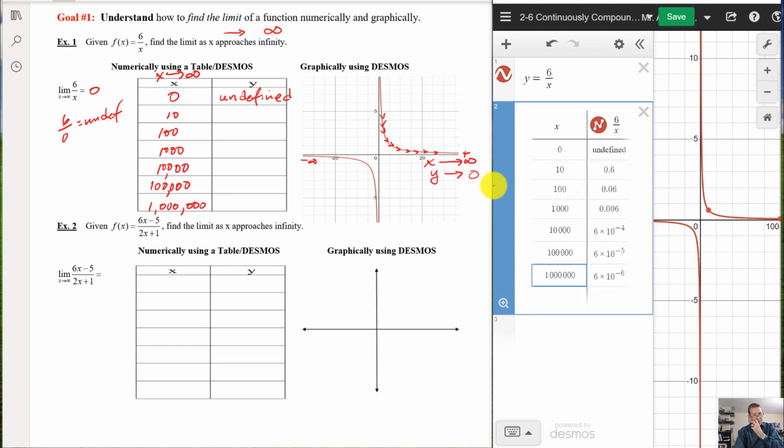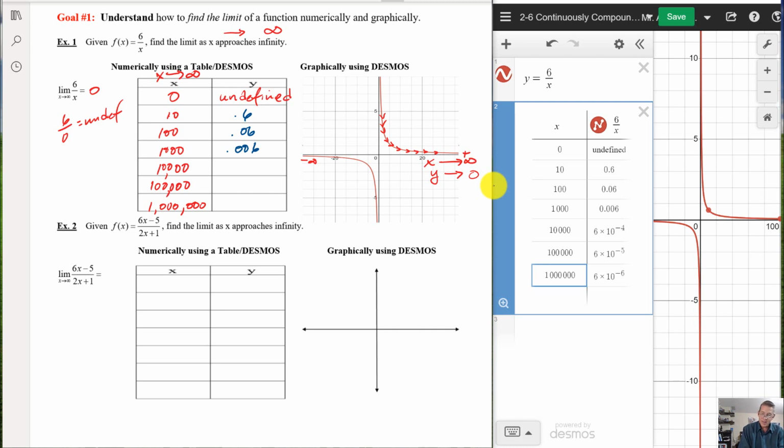Notice what's happening to the values. Let's record them on our paper. When x is 10, y is 6 divided by 10, which is 6/10. Then it's 6/100ths, then 6/1,000ths. It's getting smaller, so as x is increasing, y is decreasing, just like in the graph.